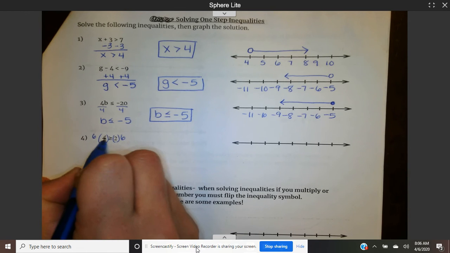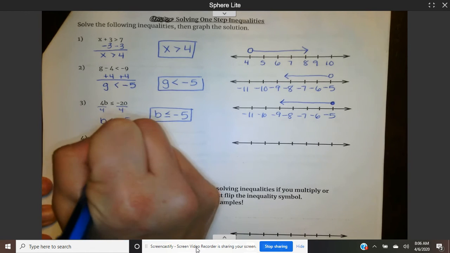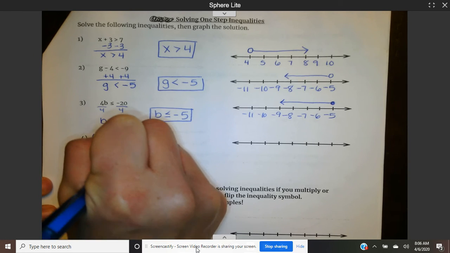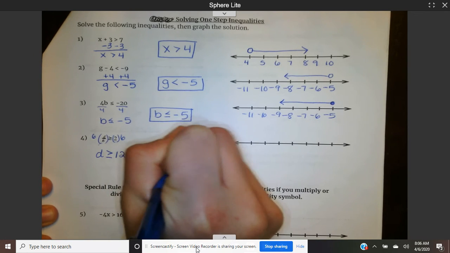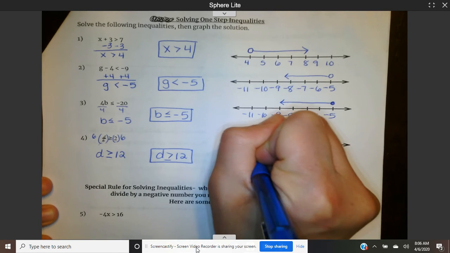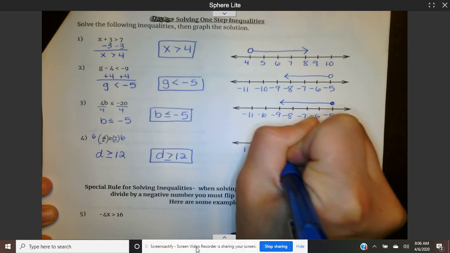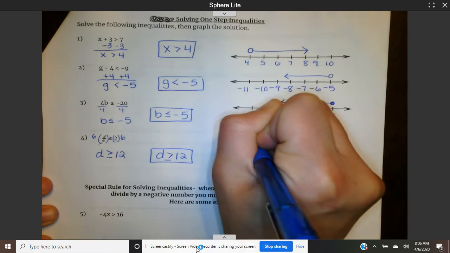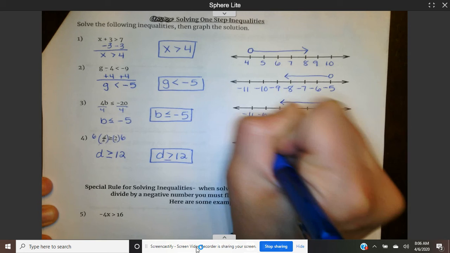So this will cancel, and then 2 times 6 is 12. So d is greater than or equal to 12. So 12, 13.